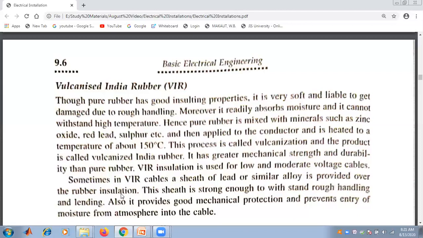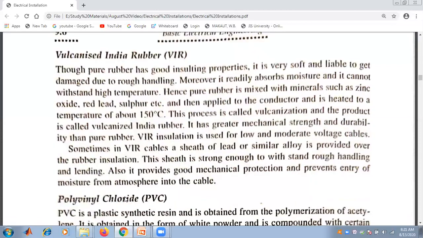This sheet is strong enough to withstand rough handling. Also, it provides good mechanical protection and prevents entry of moisture from the atmosphere into the cable.